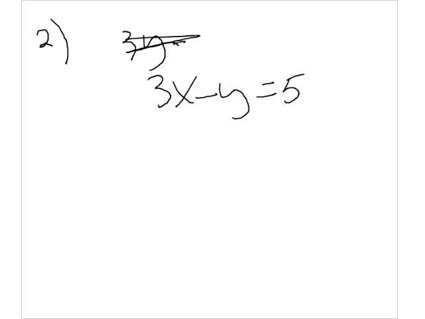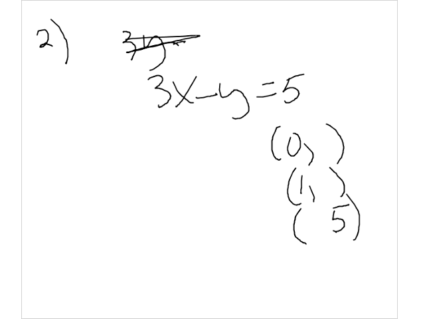And they want us to find out when x is equal to 0, what is the y value, and when x is equal to 1, what is the y value, and what is the x value when y is equal to 5?